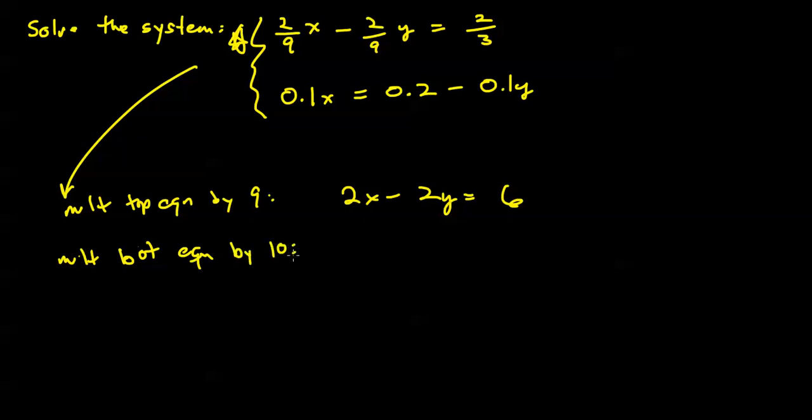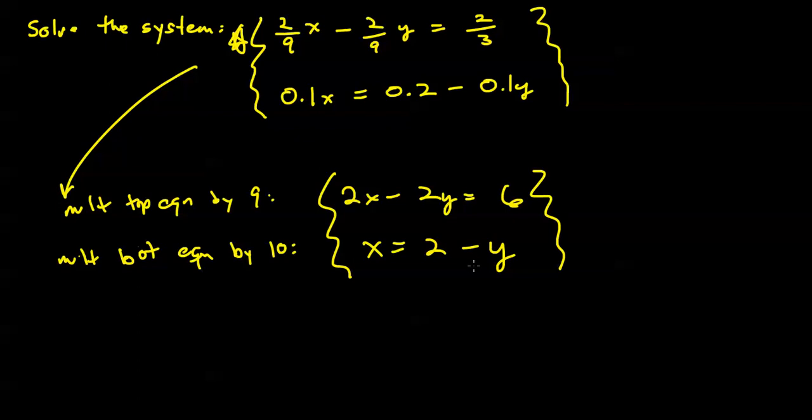All these decimal values are in tenths, so if I multiply all terms on both sides by 10, all these decimals will disappear. And I get the resulting equation, x equals 2 minus y. I claim this system is equivalent to the original system because we did algebra things to both sides of the equations.